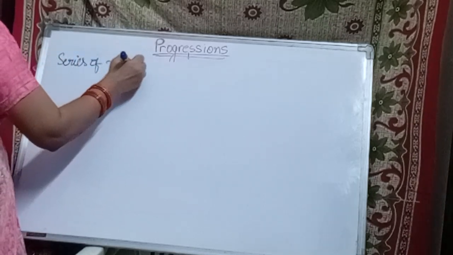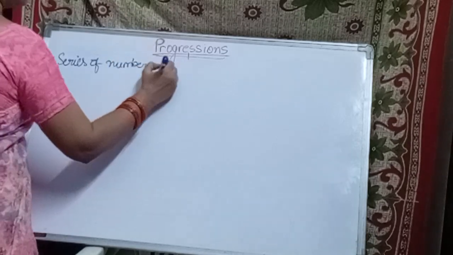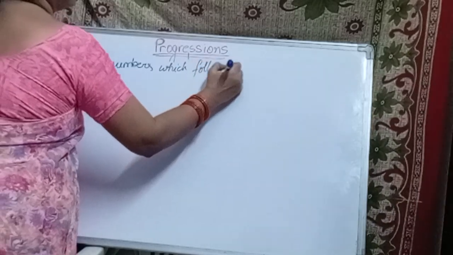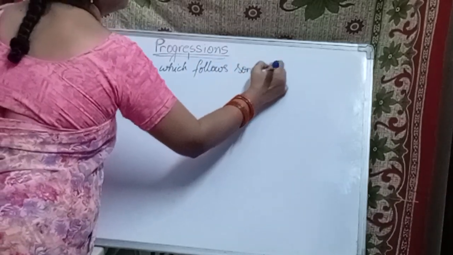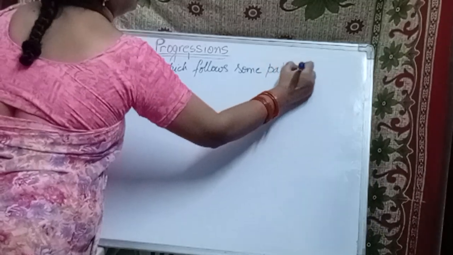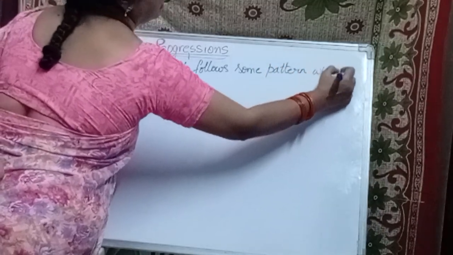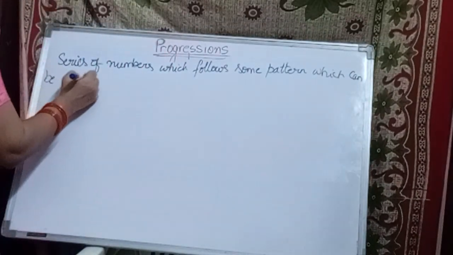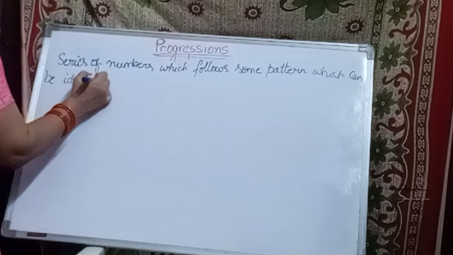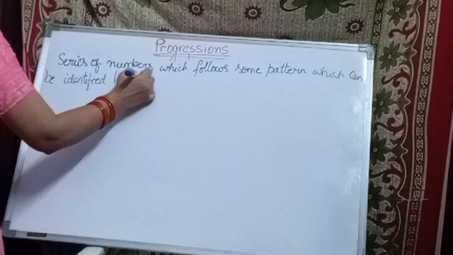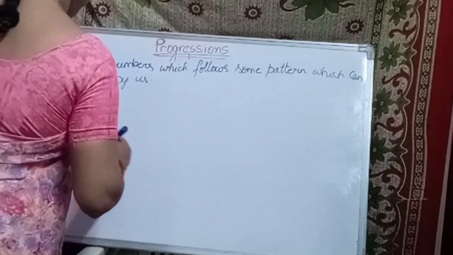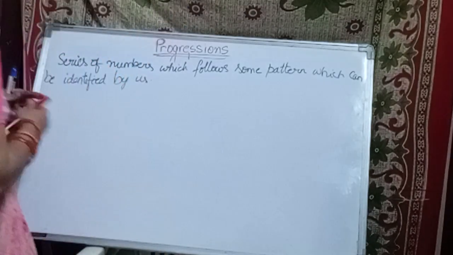A series of numbers which follows some pattern which can be identified by us. Okay. So, for this, let me take one example.